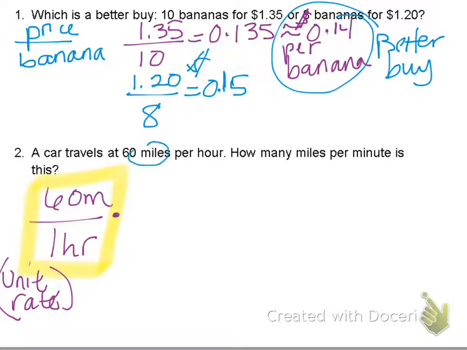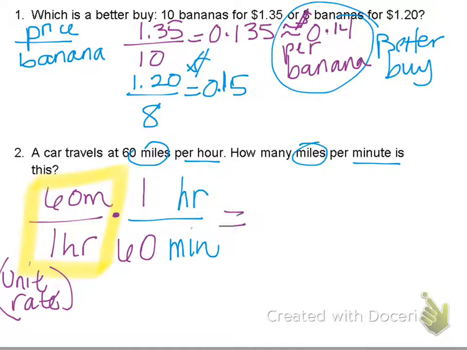So miles we're going to keep, but we need to change the hours to minutes. So if you remember from before, if we want to cancel hours, we want hours on the top of our unit ratio and minutes on the bottom because that's what we're converting to. So we would fill in 1 hour has 60 minutes. And the hours would cancel. So we would have 60 miles on the top. 60 times 1 is 60.